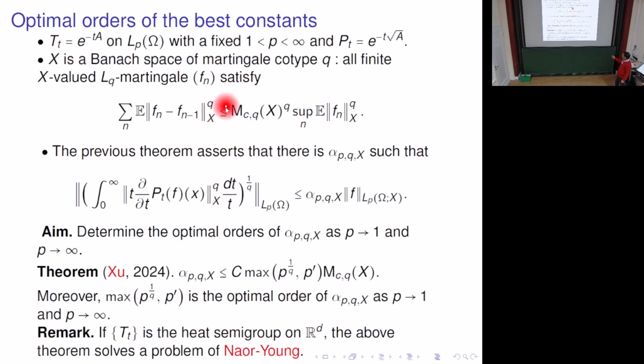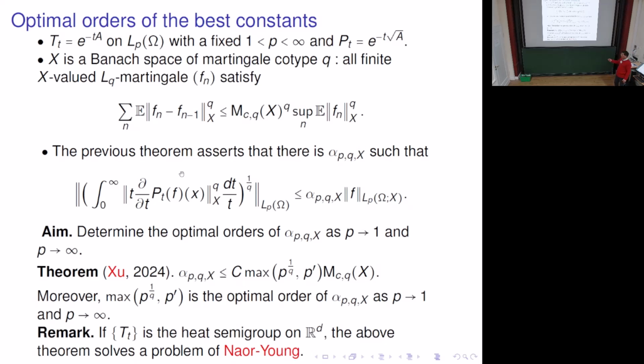Here we have a basic constant, denoted by MCq: C for cotype, q for the index q of X. So here we have a constant of martingale cotype q.